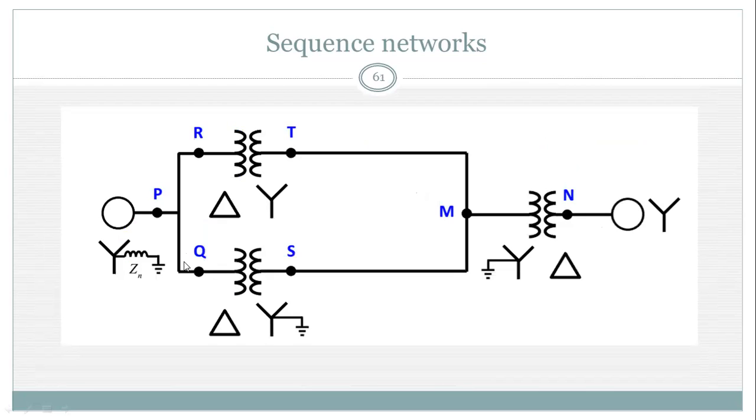Now for the second parallel branch, between Q and S, there is another transformer. This transformer's primary portion is delta and secondary portion is Y, and that is grounded. So primary to secondary is open circuit, and in the secondary portion there should be an impedance connected to ground, because here Y is grounded.